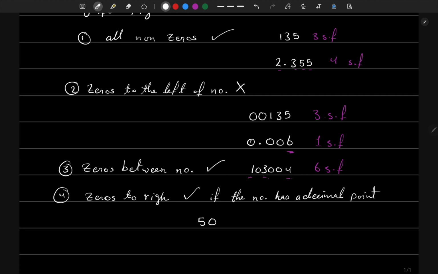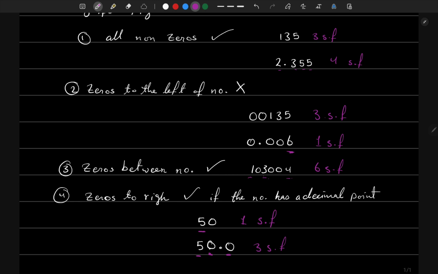Is it a significant figure? No. Why? Because 50 here has no decimal point, and so here I have only one significant figure. But if I have 50.0, now this number has a decimal point, so now I can count the zeros and the number has three significant figures, which is 1, 2, and 3. Again, I can count the zeros now because there is a decimal point.